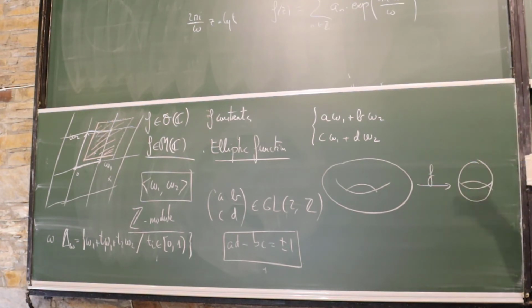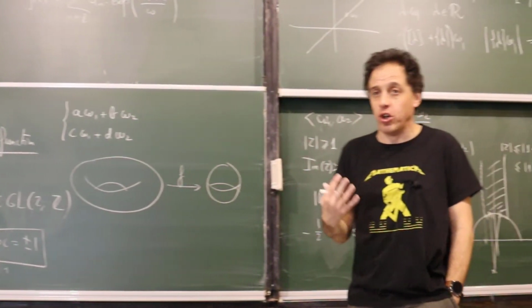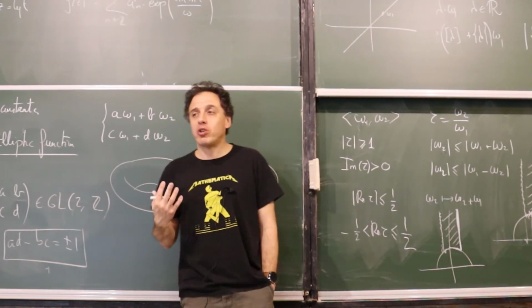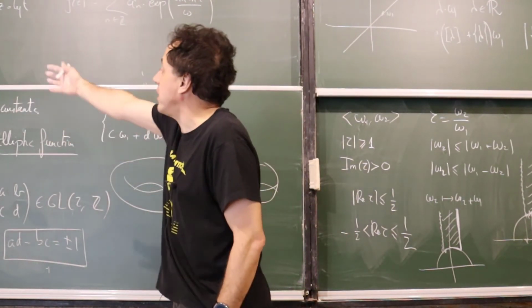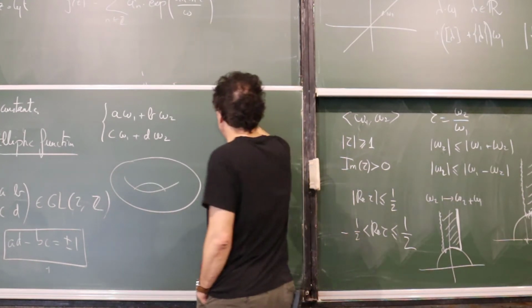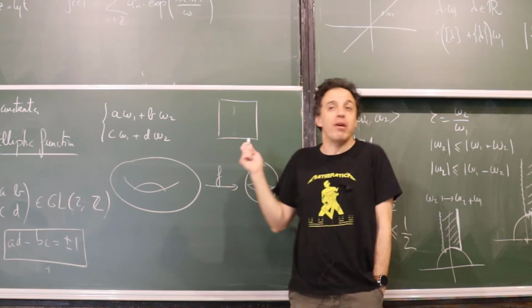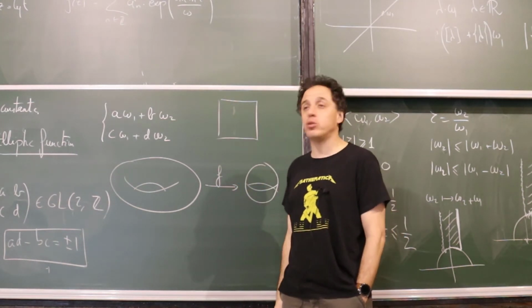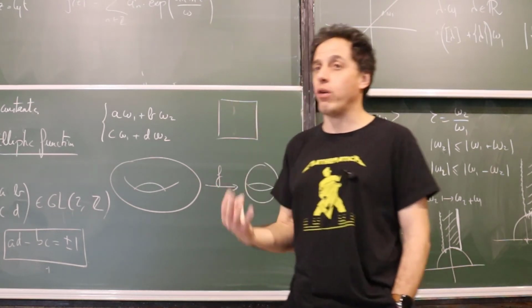Now, are all tori similar? Well, the answer is no. Similar in which sense? Of course, all tori are similar from a topological point of view. Such a parallelogram is topologically equivalent to a square, so it doesn't matter which lattice, which set of periods you have. But analytically, it's not true that two tori are equivalent.